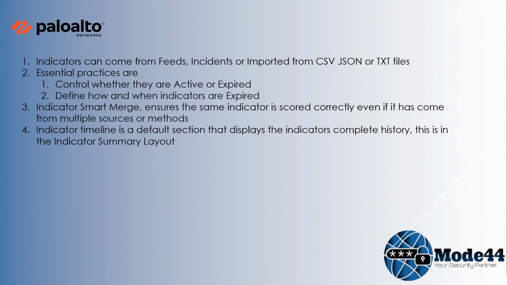Just to quickly run over that again before I go on to the next one. If you have a feed that's got a reputation of A++, and you have a feed that's got a reputation of C, and those two reputations differ, you will be presented with the reputation that was provided by the A++ feed.